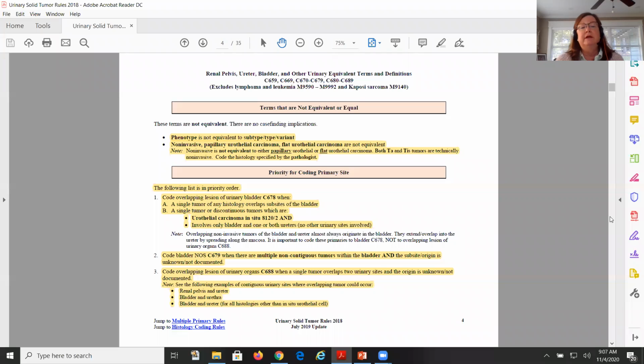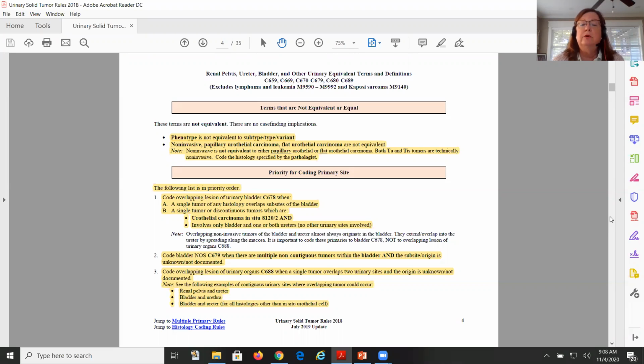First in priority, code overlapping lesion of urinary bladder, C678, when a single tumor of any histology overlaps subsites of the bladder, or a single tumor or discontiguous tumors which are urothelial carcinoma in situ.